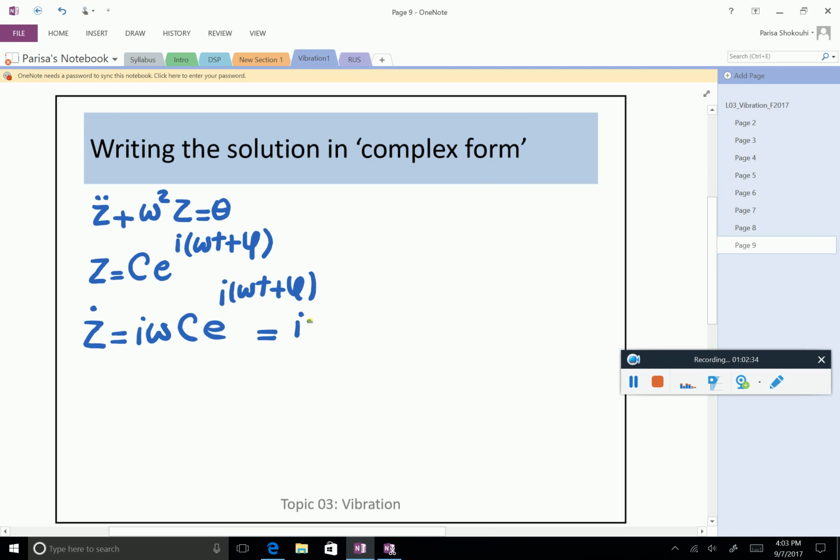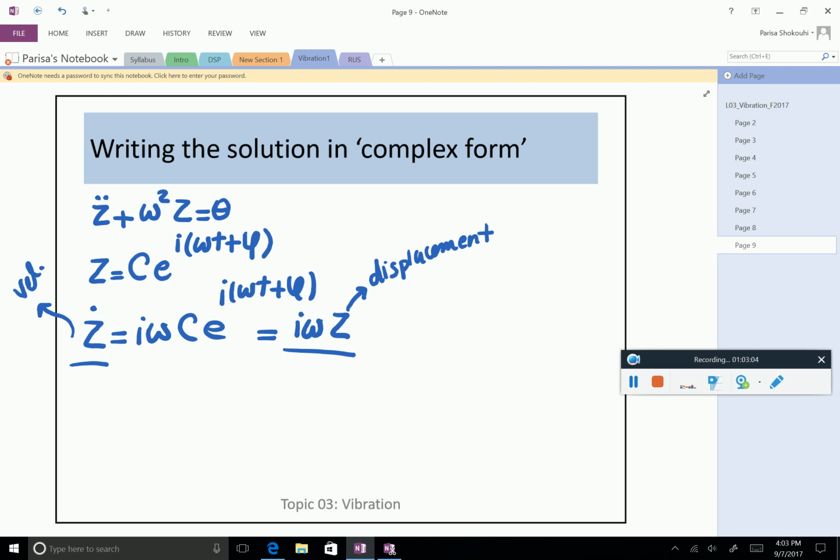You see that the derivative is just i omega times displacement, and in physical terms the derivative is velocity and this is displacement. So if you multiply the displacement by i omega, you get the velocity.